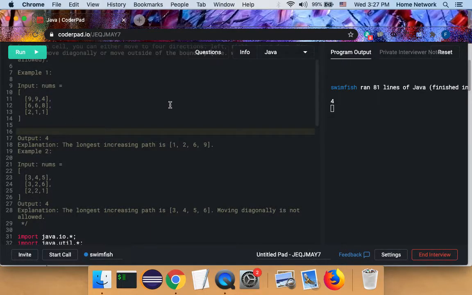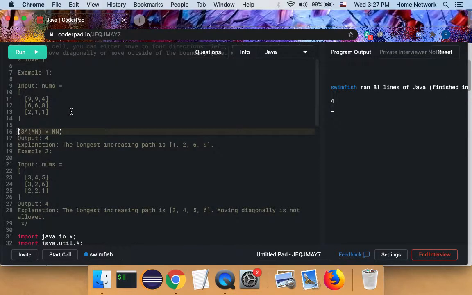The total states we could have is like 3 to the power of mn. So many states to explore for each starting node. And how many nodes do we have? We have a total of mn nodes. This is our time complexity. It will be a large calculation.